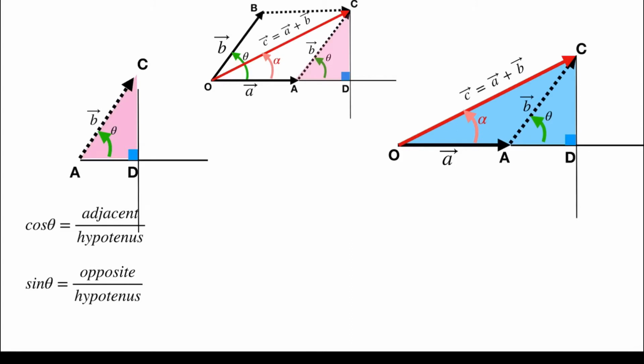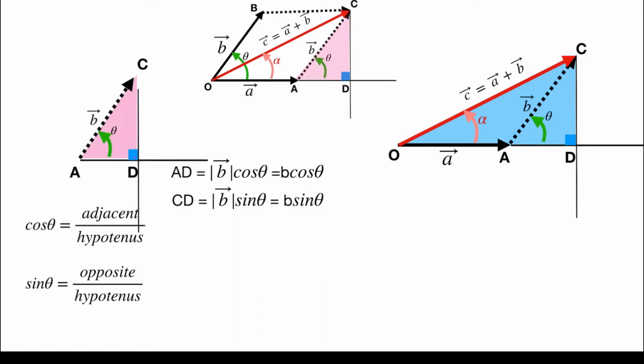So here ACD is a right angle triangle, so cos theta is equal to AD divided by AC. By using this relation, we can write AD is equal to B cos theta. Similarly, the length of CD is given by B sin theta.